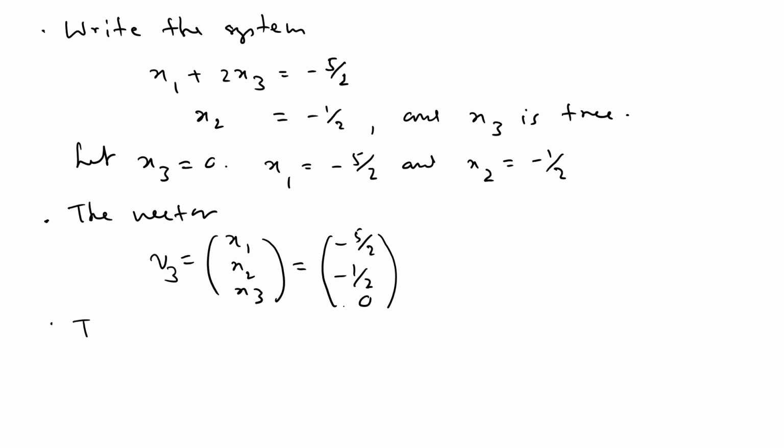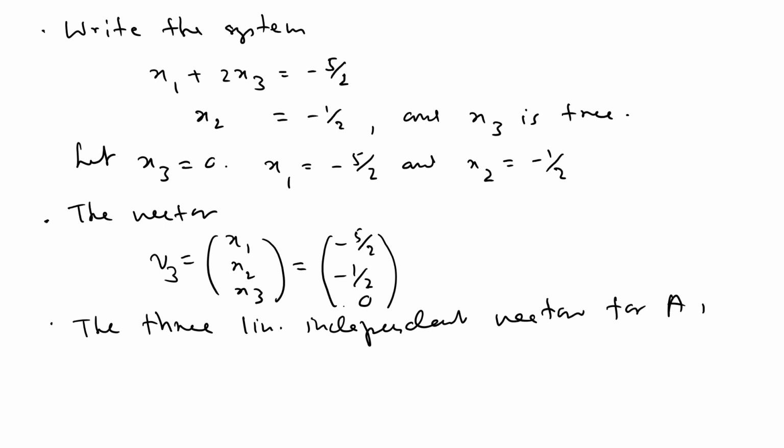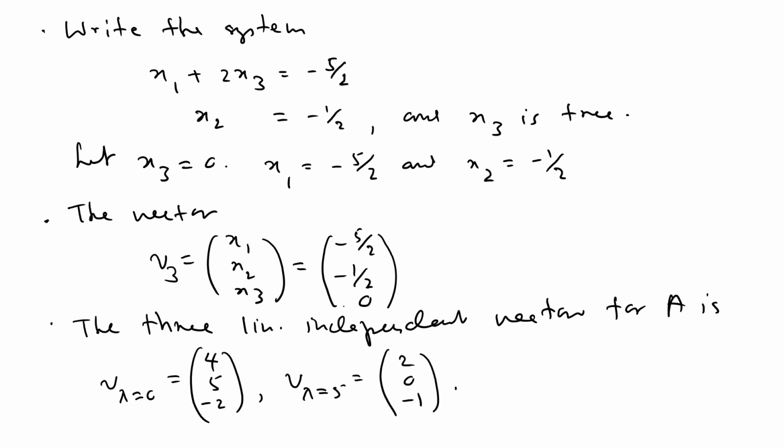So the 3 linearly independent vectors for A are: v1, which is an eigenvector for lambda equals 0, that was 4, 5, -2; then the eigenvector for lambda equal 5, which was 2, 0, 1, the scaled version; and after that the corresponding vector v3, which we don't call an eigenvector.